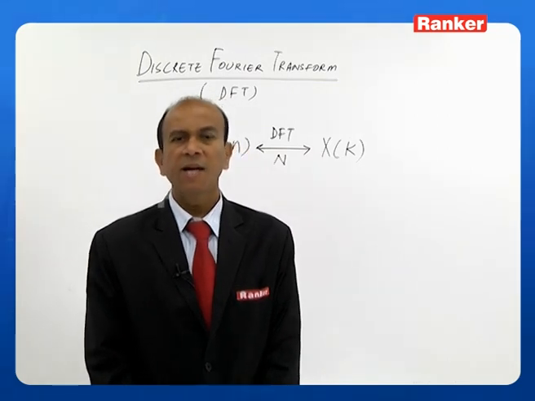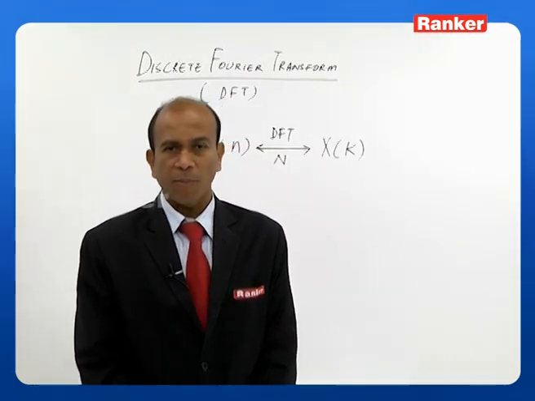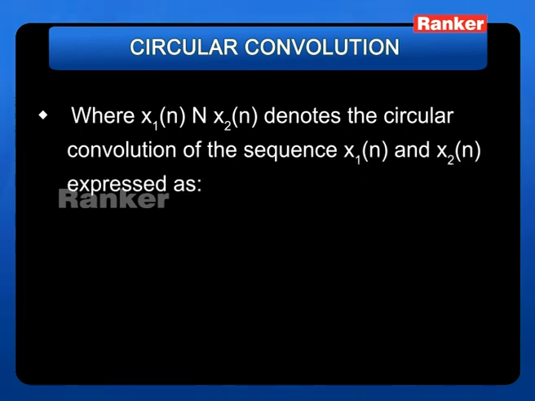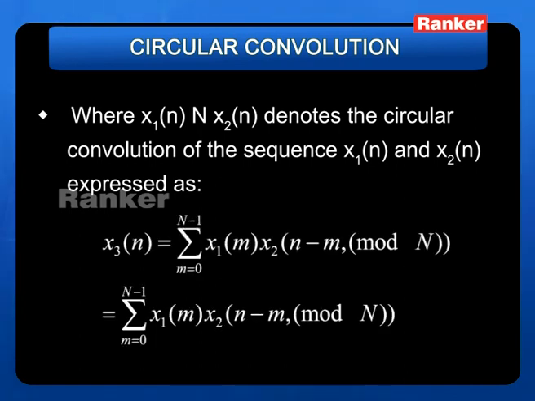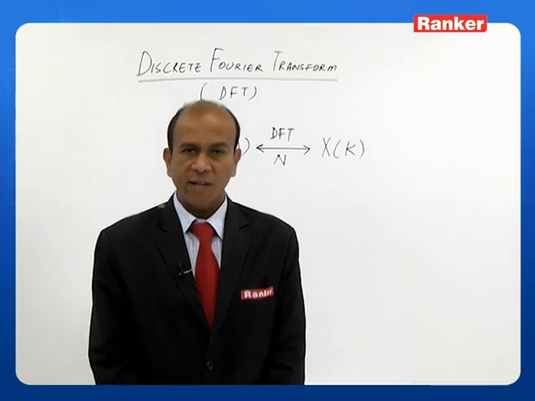This is the circular convolution property, where the convolution of sequences x1 of n and x2 of n is expressed by this equation: x3 of n is equal to the summation from m equal to 0 to N minus 1 of x1 of m x2 of (n minus m) mod N. So this is how we get a convolution.